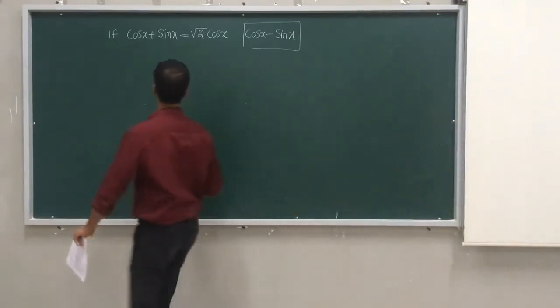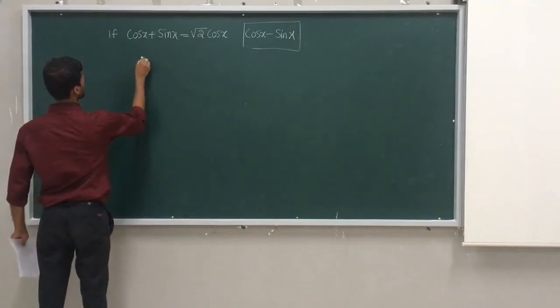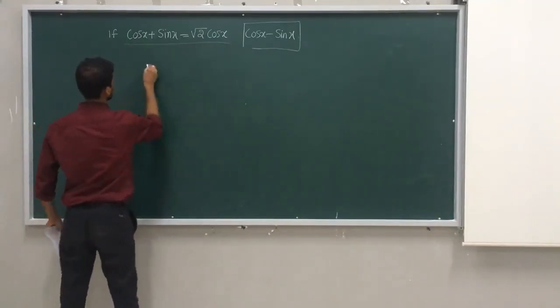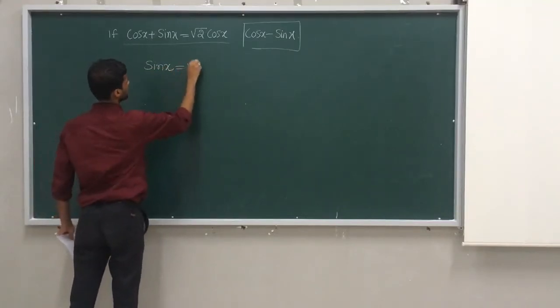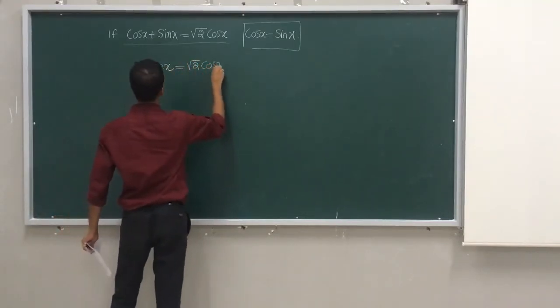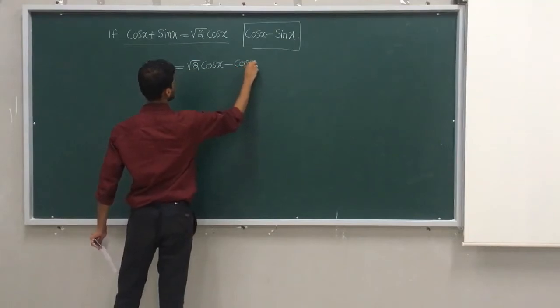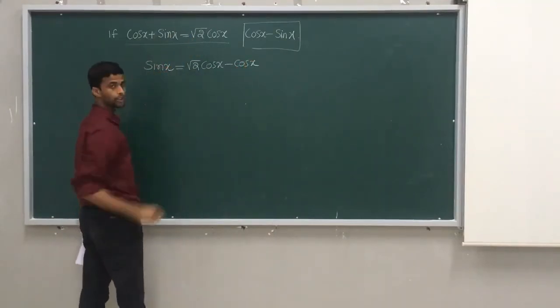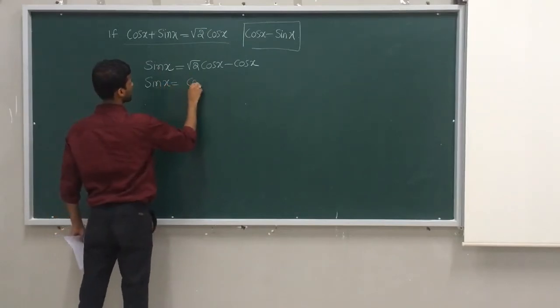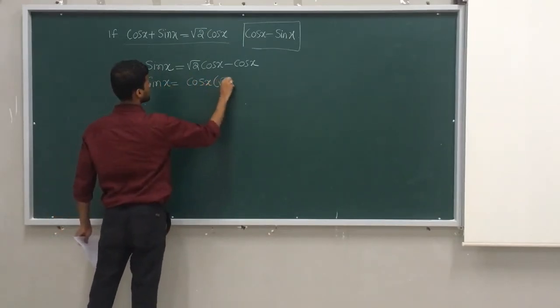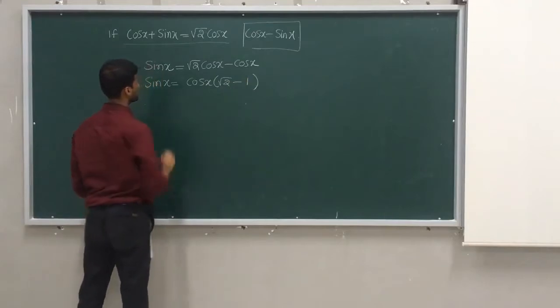So what we will do here is, let me do some calculation on this given data. We'll write this as sin x is equal to root 2 cos x minus cos x, because I simply brought it to the right hand side. So this becomes sin x equal to cos x is common, root 2 minus 1.